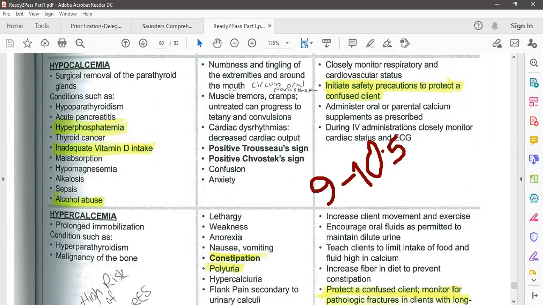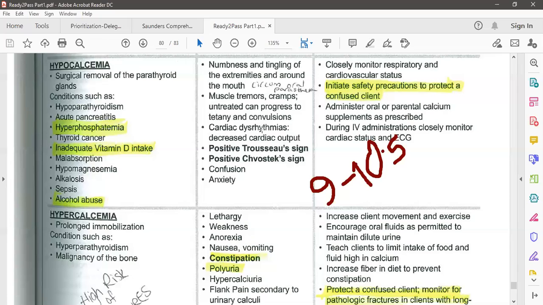So, signs and symptoms. As I told you, the most common sign is the positive Chvostek sign or Trousseau sign. Also, the patient develops muscle spasm, numbness or a tingling sensation in the extremities, or a tingling sensation in the lips or fingers, muscle tremor, cramping, or GI upset.